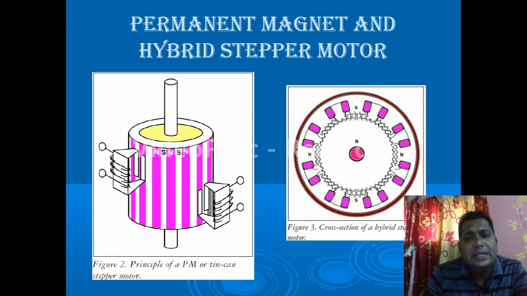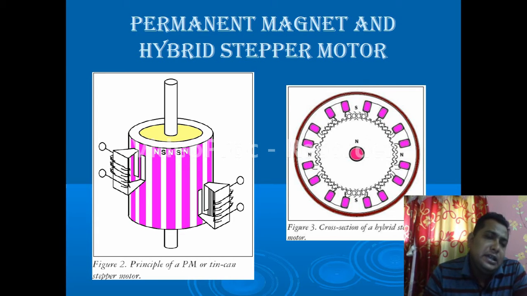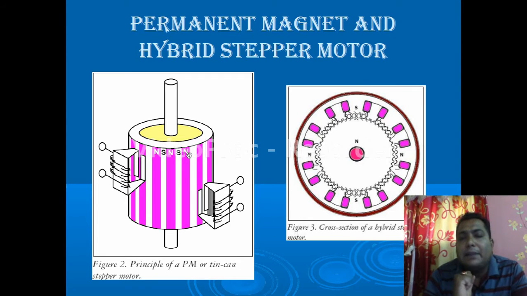Very interestingly, here in the left hand side picture there is a rotor section, and over the rotor, follow my pointer, there is a north pole, south pole, north pole, south pole, north pole. In this way permanent magnets are placed over there.